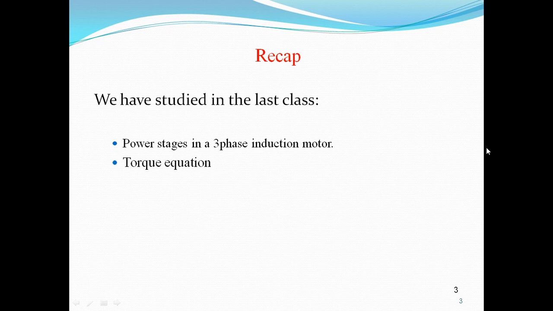What does Faraday's law say? It says when a conductor cuts the magnetic field or the magnetic field cuts the conductor, an EMF is induced in the conductor. So an EMF is induced in the rotor conductors, and as the rotor conductors form a closed circuit, current flows through these rotor conductors.